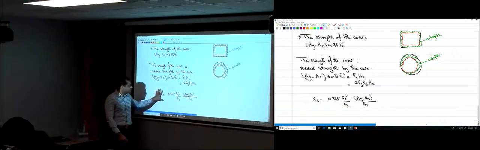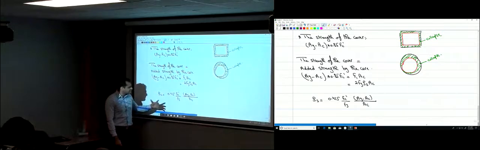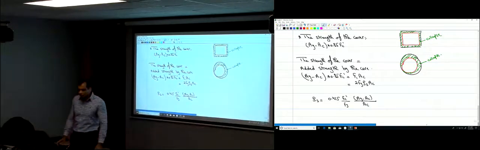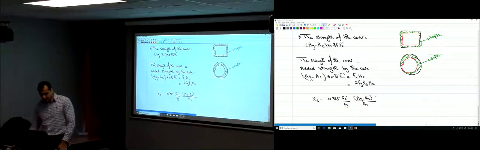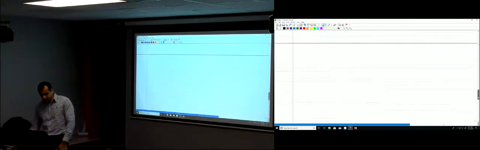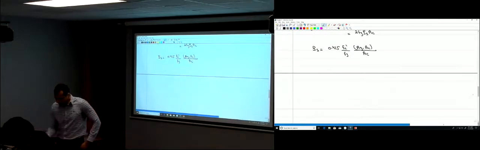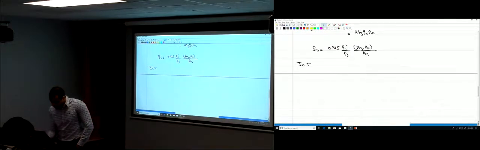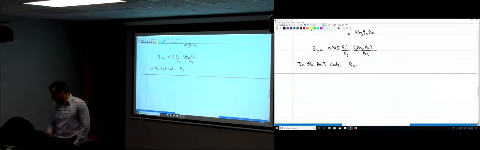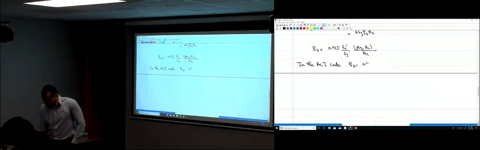This equation is modified a little bit in the ACI code. It looks the same, but in the ACI code, the factor is increased a little bit. So in the ACI code, rho S required is the same equation that we just derived, except that instead of 0.425, it's 0.5.